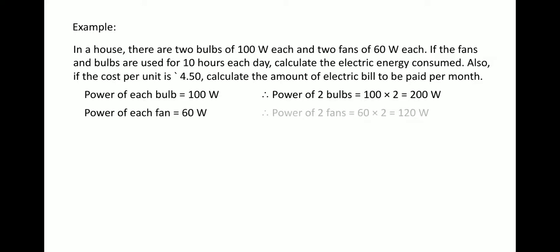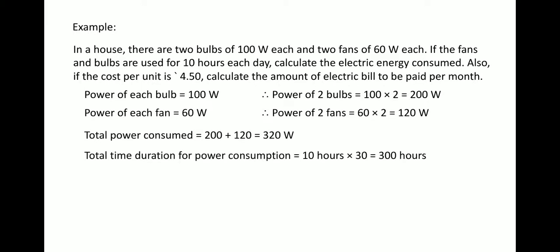That means power of 2 fans is equal to 60 into 2, 120 watts. So the total power being consumed is equal to 200 plus 120, that is equal to 320 watt. And the total time duration for power consumption is mentioned as 10 hours every day.